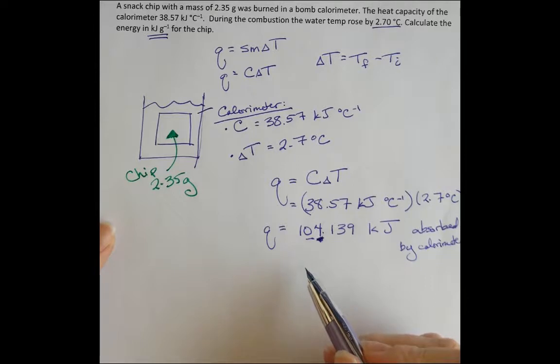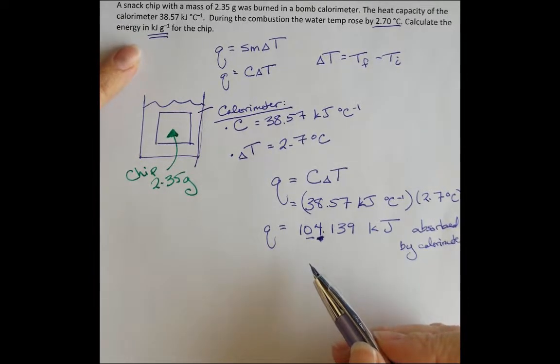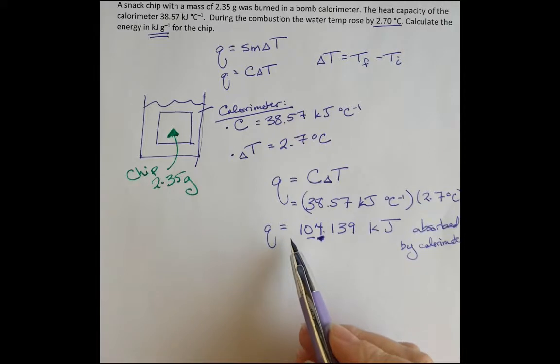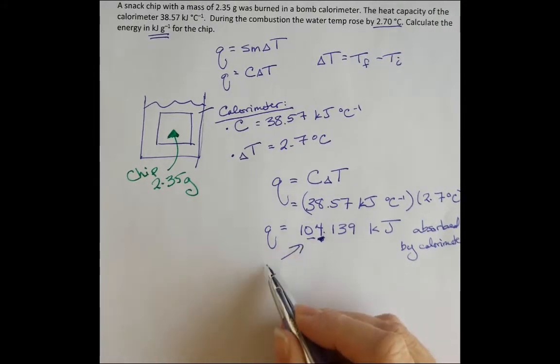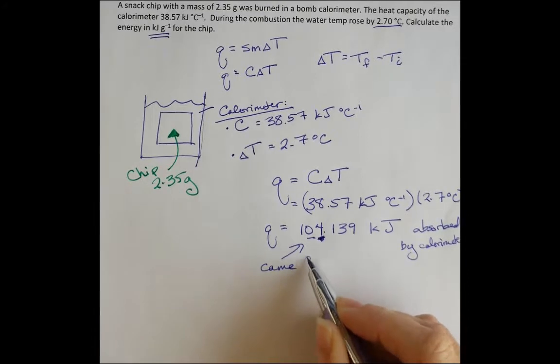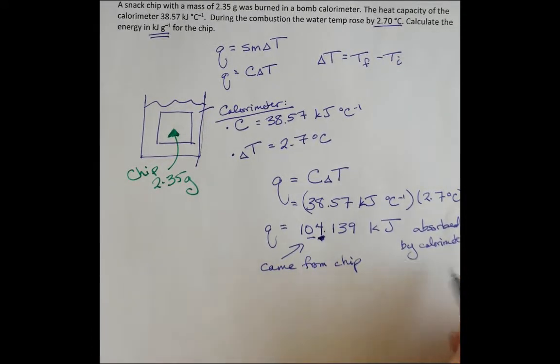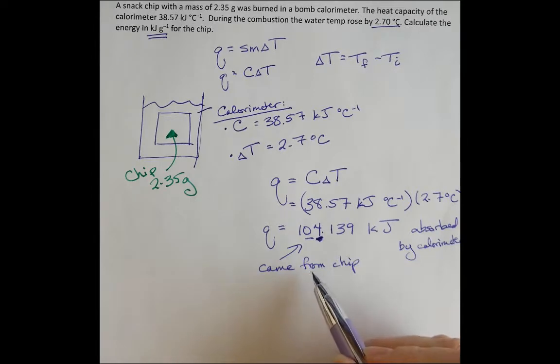And what I want to know is the energy in the chip, but really just in kilojoules per gram. So it's basically asking how much energy is contained in the chip. So this amount of energy all came from the chip. It's what's absorbed by the calorimeter, but the only reason it could be absorbed by the calorimeter is because it came from the chip.